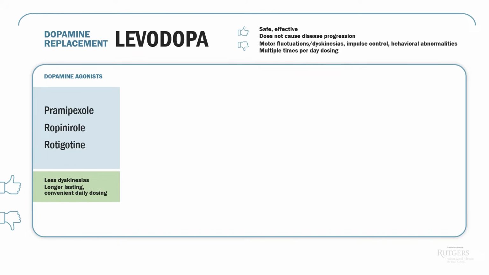So, why aren't these drugs an automatic first line? Unfortunately, as compared to levodopa, dopamine agonists produce more frequent cognitive side effects: somnolence, sleep attacks, impulse control disorders, hallucinations. And of course, nothing is as effective as levodopa.